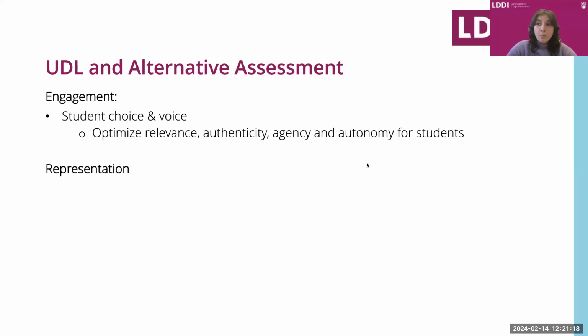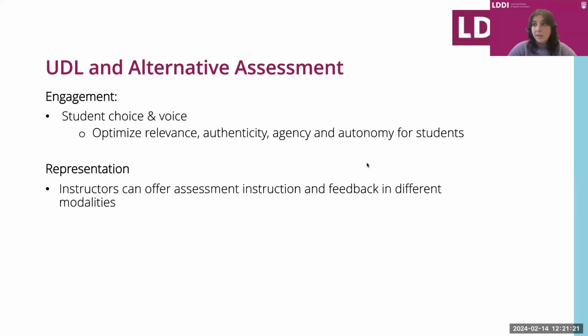If we're thinking about representation, this is more on the instructor end. So when you're thinking about designing an assessment, think about how can I offer instruction or even feedback in different modalities or in ways that are going to really humanize the learning experience, as Kalisa was mentioning earlier, and include students, and give them some choice and voice as well.